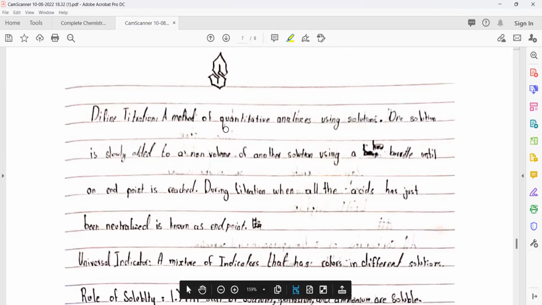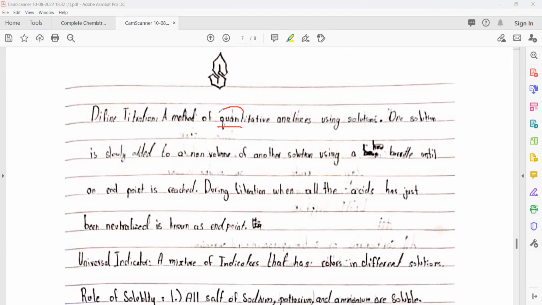Quanti means quantity, how much. If during an experiment you are going to find out the quantity of something, this type of technique or analysis is named quantitative analysis. Understand?